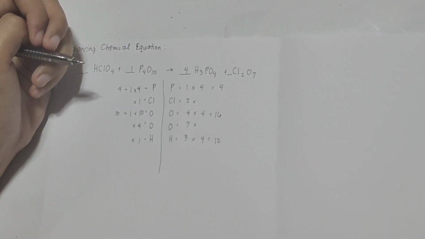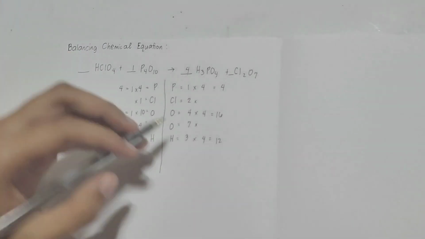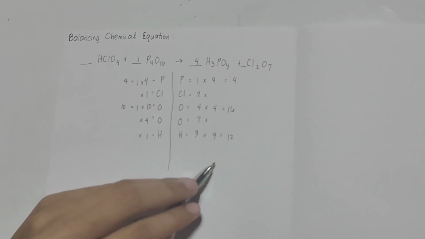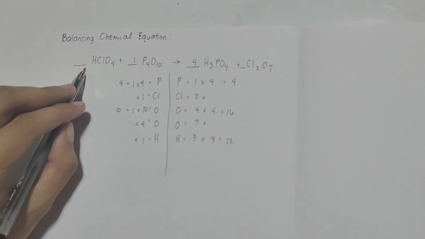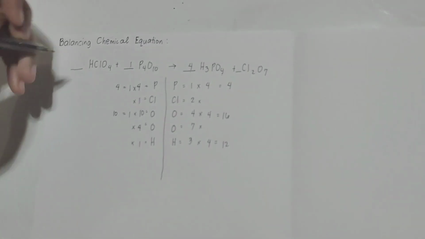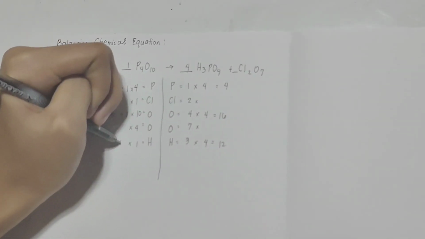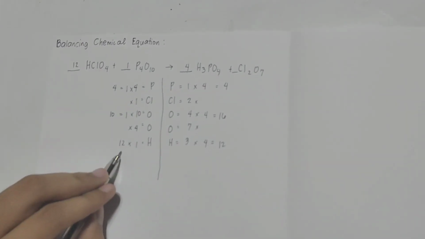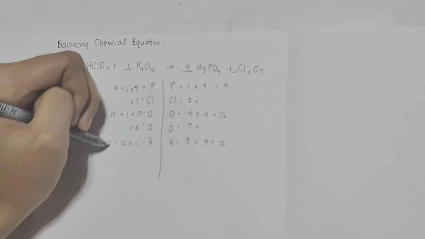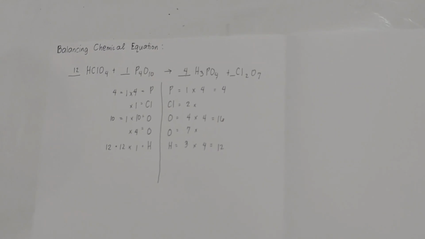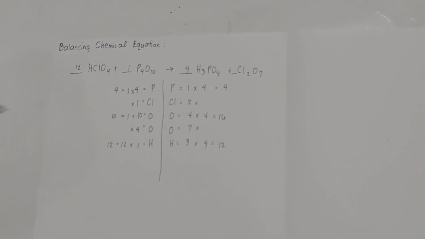Since the hydrogen on the product side is equal to 12, how about placing a coefficient of 12 for perchloric acid? So we have hydrogen is equal to 1 times 12 is equal to 12. So finally, our hydrogen is already equal on both sides.